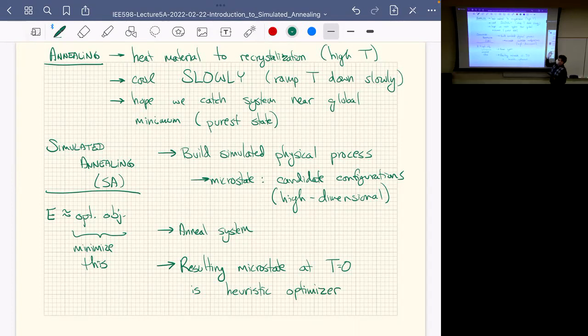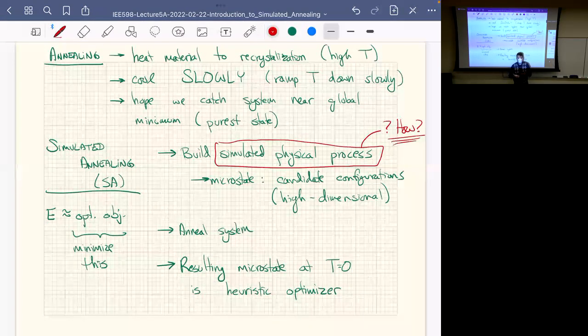All right, so that's the inspiration here. This is what simulated annealing will do. We will write out the full algorithm for simulated annealing, but before we can do that, we have to figure out how the heck do we simulate such a physical process? That's what we have to define first. In the genetic algorithms, we had to say, how do we build this population and have it decide that the higher fitness ones are going to take over the lower fitness ones?